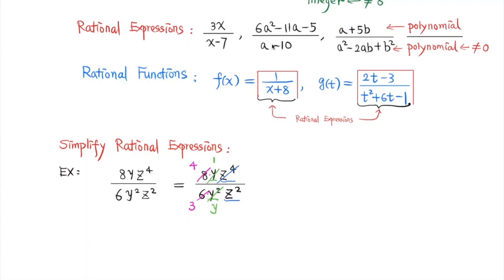So z⁴ divided by z² will be z², and z² divided by z² will be 1. Now we can rewrite this. So the simplified version of this expression will become 4z² in the numerator and 3y in the denominator.